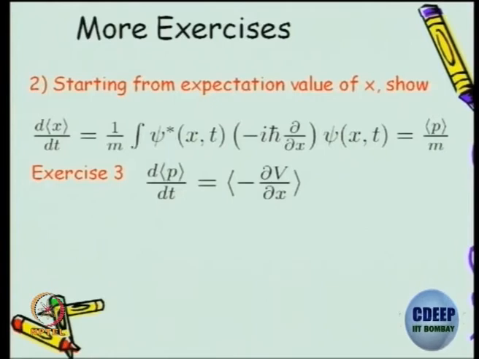Exercise 3 is also familiar to you. If you are in the presence of a potential energy, the force law will be the minus gradient, conservative potentials if you have, the force will be proportional to minus gradient V. Everybody knows that, right? Classical. But now in quantum physics, your expectation values have to satisfy the equation. So, please verify these things using this formal definition of how one writes the expectation value.